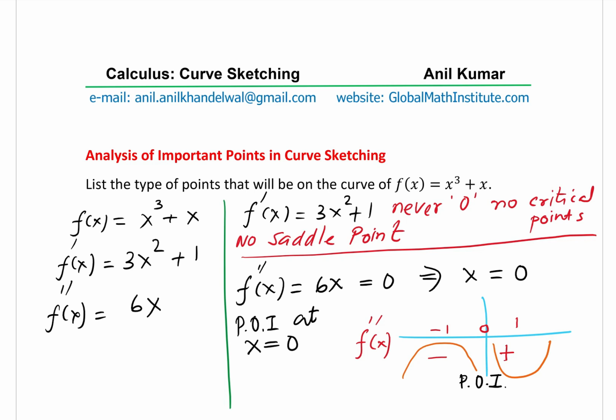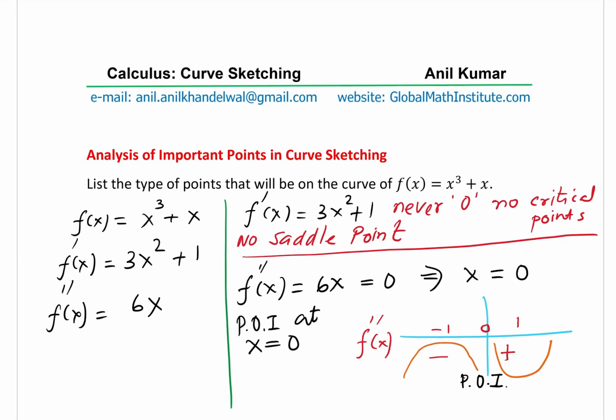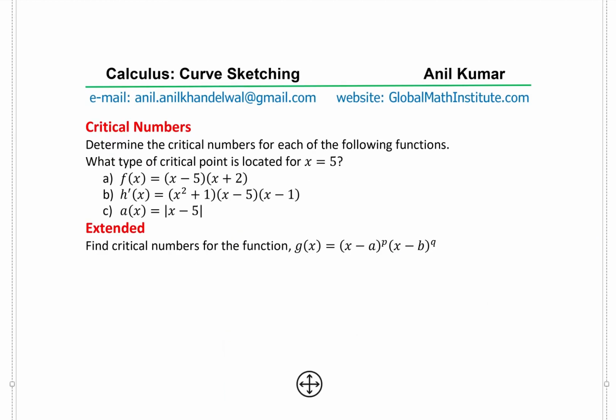Okay, now let's move forward with working with critical numbers. The question for you is: determine the critical numbers for each of the following functions. What type of critical number is located at x equals 5? We will only analyze one particular point, which is x equals 5.